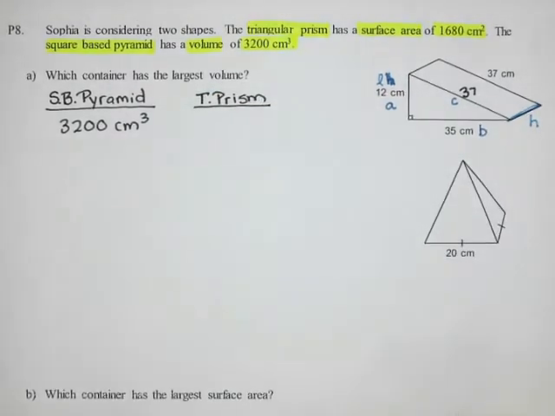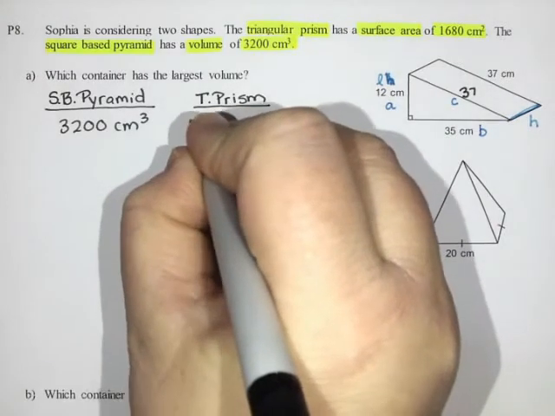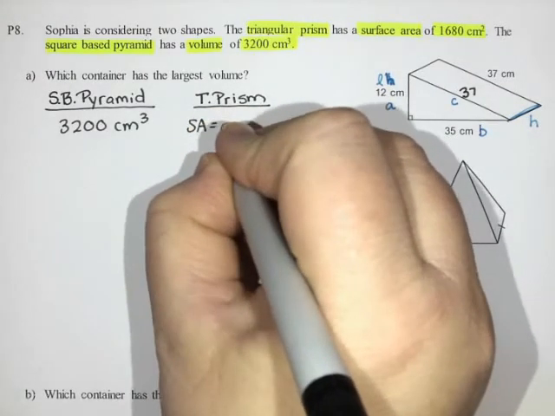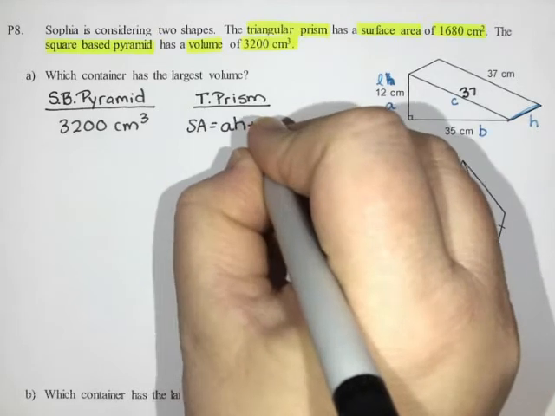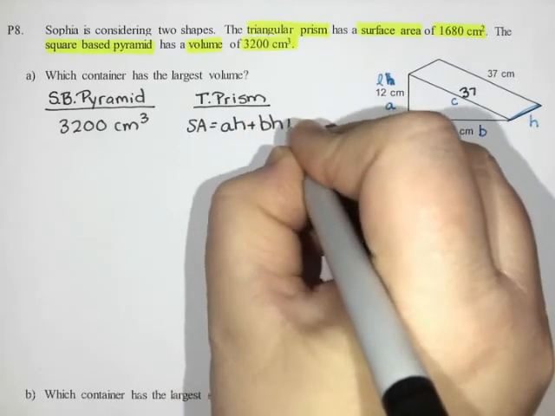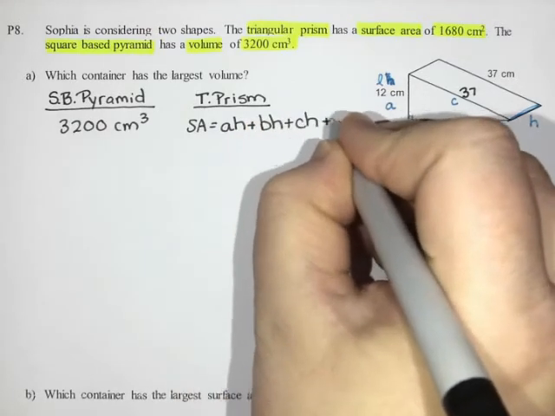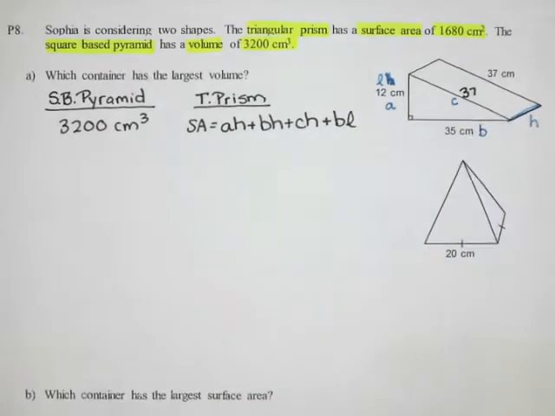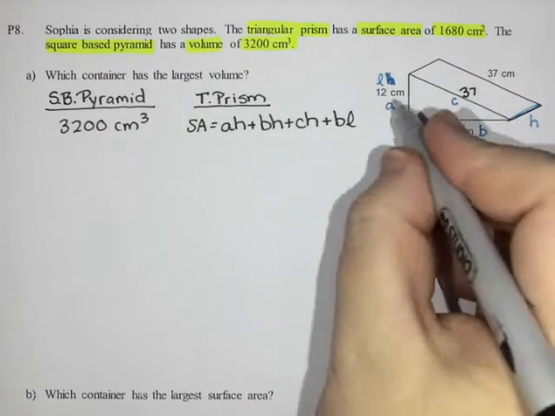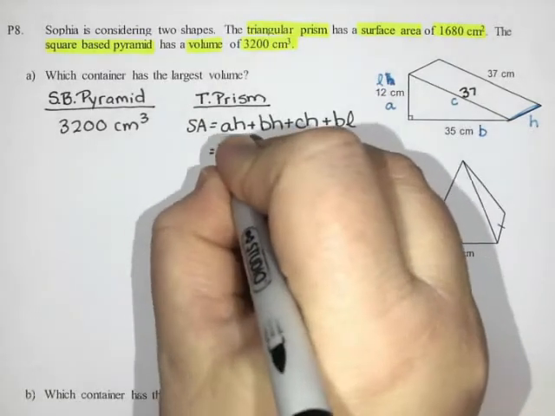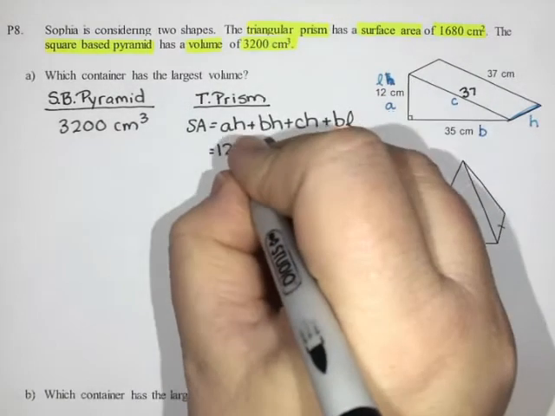And I'm going to start with the surface area formula. So the surface area of a triangular prism is AH plus BH plus CH plus BL. So I know that A is 12, and the height I don't know.